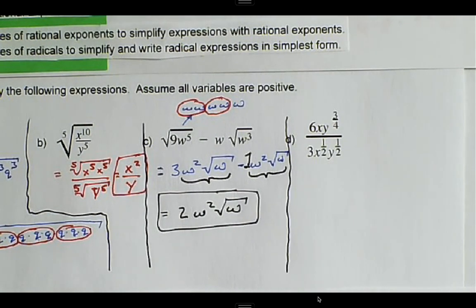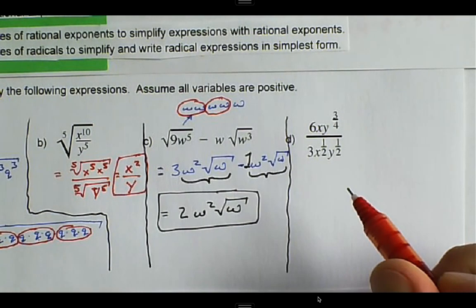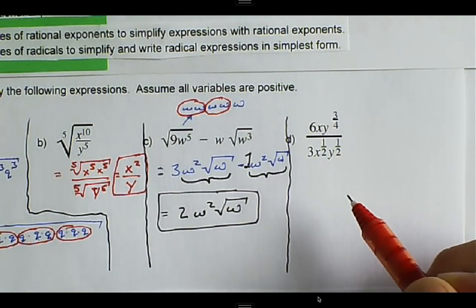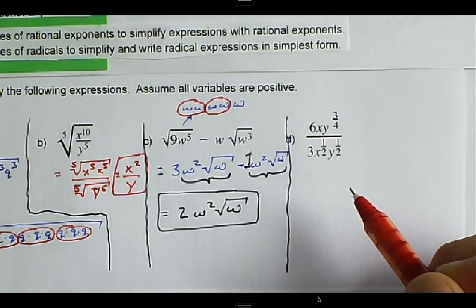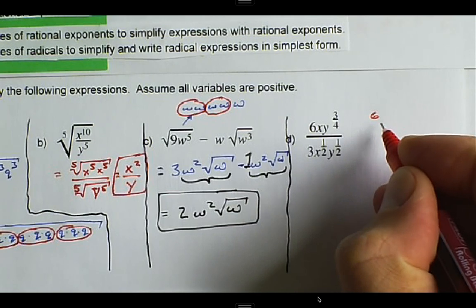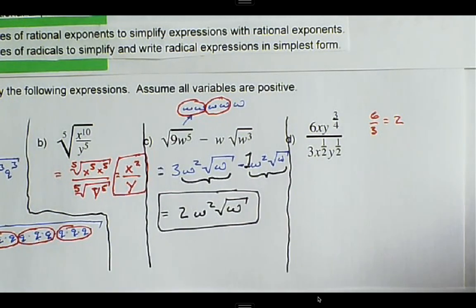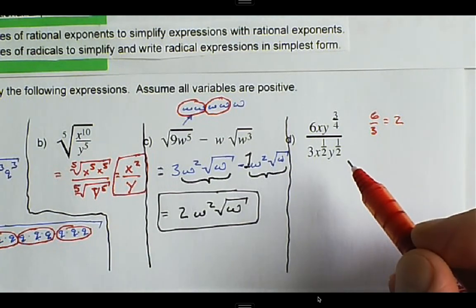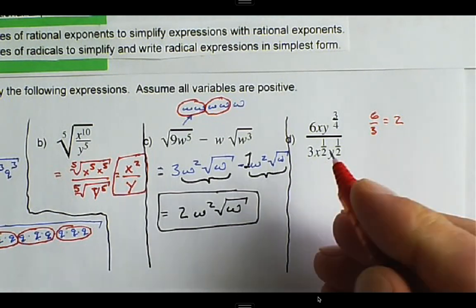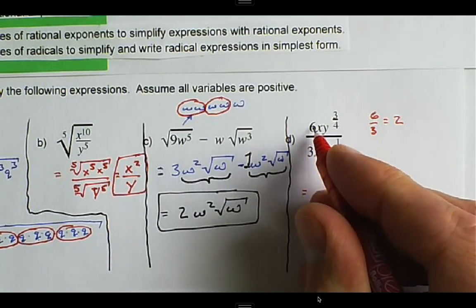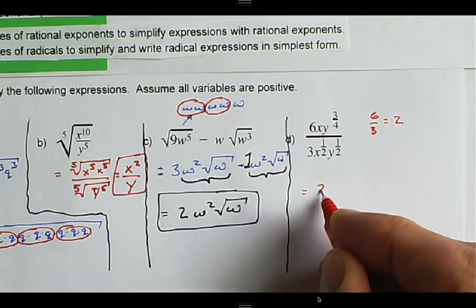What we can do is take our coefficients that are out front, because it's multiplication, we can just join those together. So we can say 6 divided by 3, and that is equal to 2. That is what we can simplify our coefficients to.